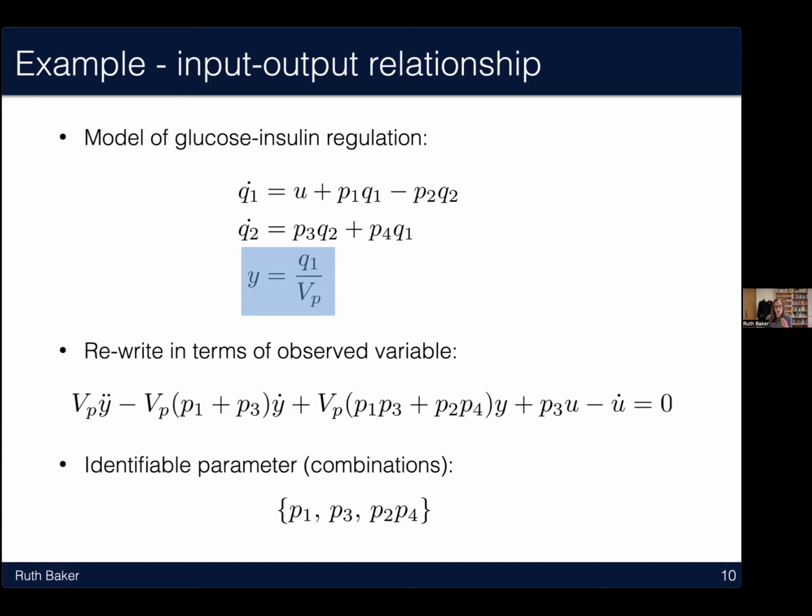So this structural identifiability analysis tells me that if what I observe is this quantity Y, then no matter how much data I have and how good its quality, the only sets of parameters that I can hope to estimate from my data are P1, P3, and the product of P2 and P4.